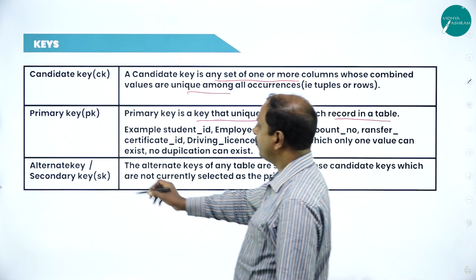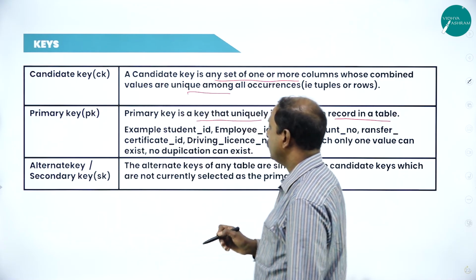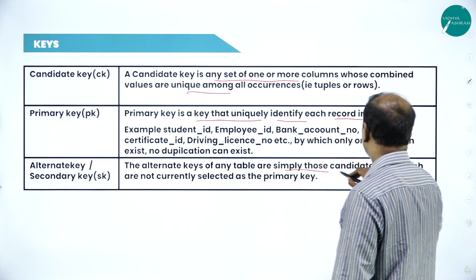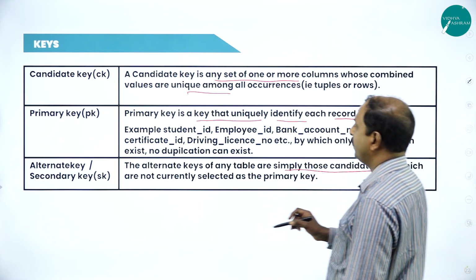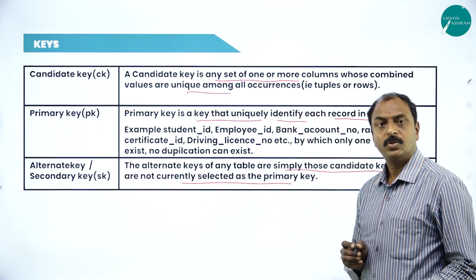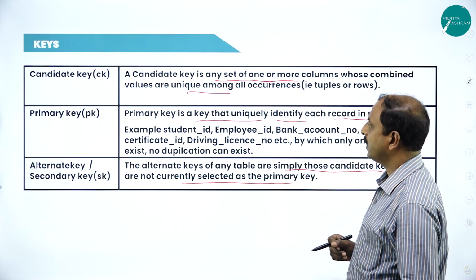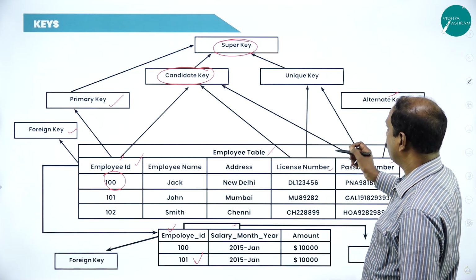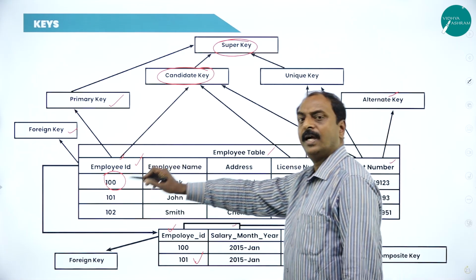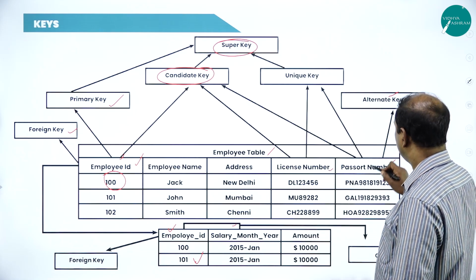Next one is alternate key, or another name is secondary key. The alternate keys of any table are simply those candidate keys which are not currently selected as the primary key. Now look at this example table. As I told you, in this table the employee ID is unique, and also the license number is unique, as well as the passport number.